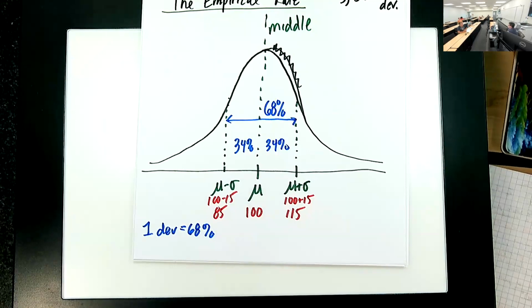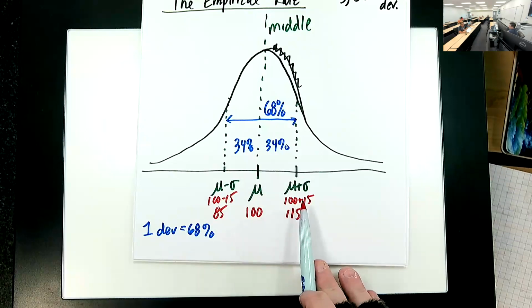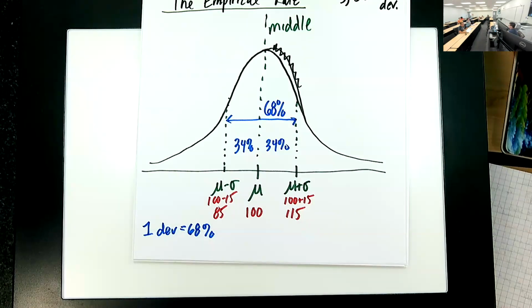There are problems in the homework which will give you the mean and the standard deviation. And it will ask what scores or what values encompass 68%. This is what they're wanting you to do. They're wanting you to figure out what these two values are. For IQ, it's 85 and 115. It's going to be different for each kind of question.